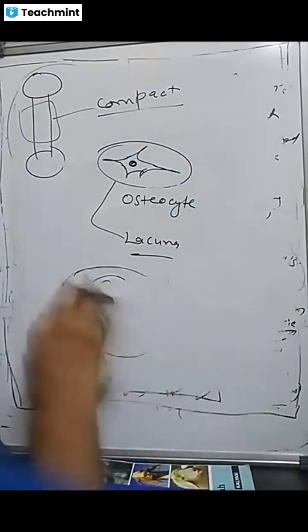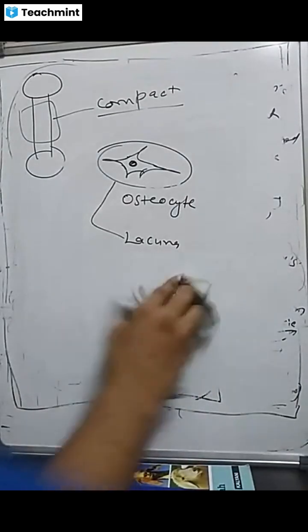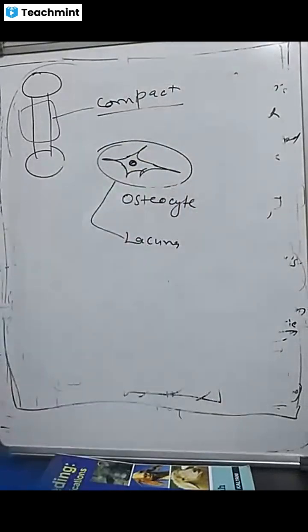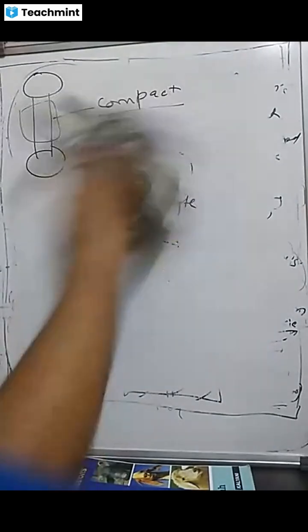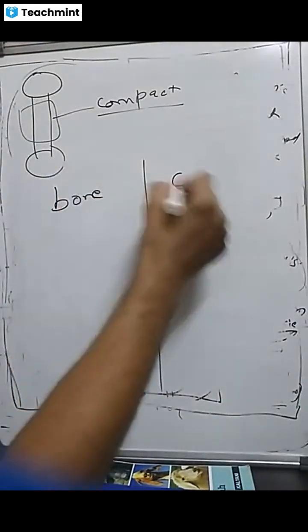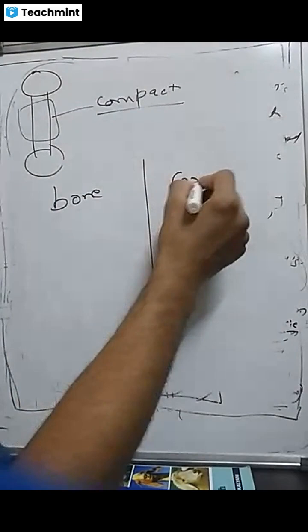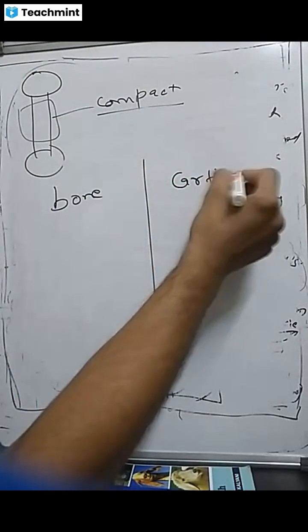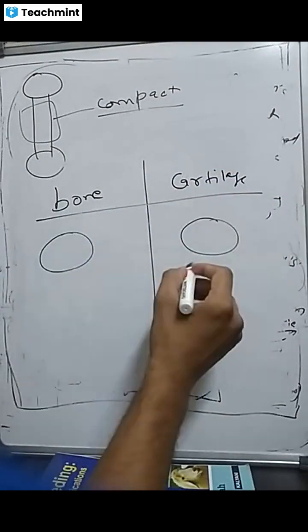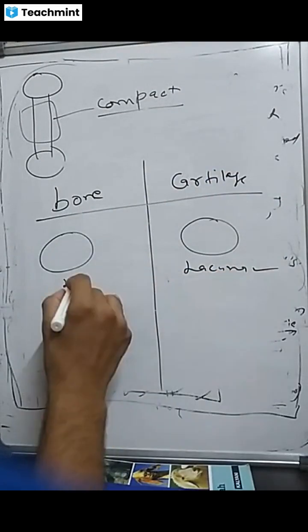But these lacunae are simply known as empty spaces. The difference between bone and cartilage: see, lacuna is there in both cases.